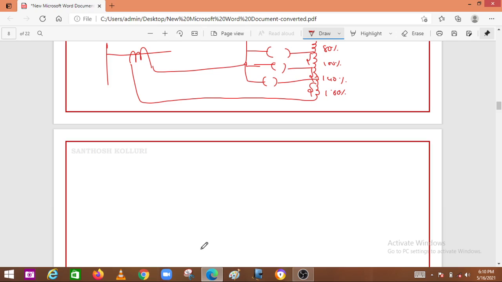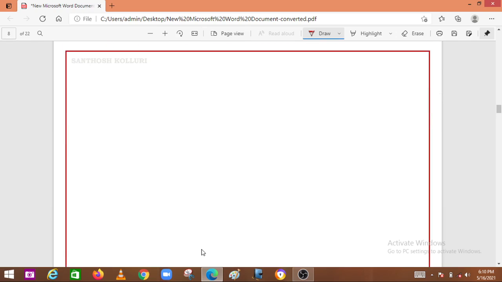Questions related to this current setting are asked a few times in exams, generally competitive exams. So I will write these exam questions also. Question number 1: a 5 ampere 2.2 second overcurrent relay is connected to a supply circuit through a CT of 1000 by 1 ampere, and the relay is set at 120%.